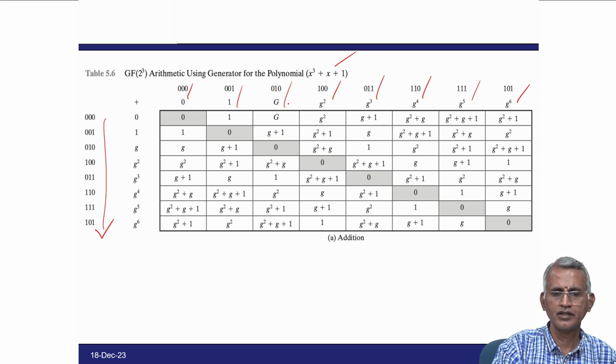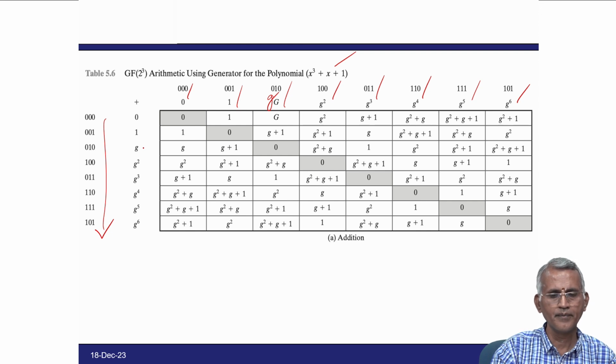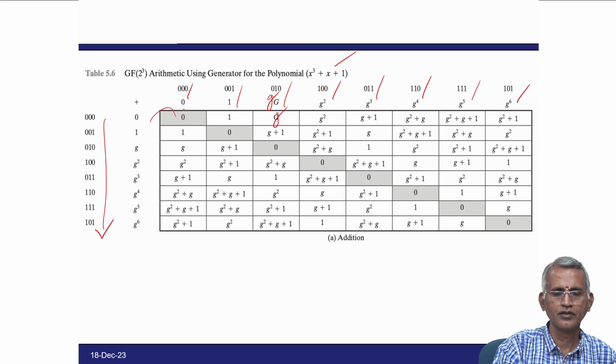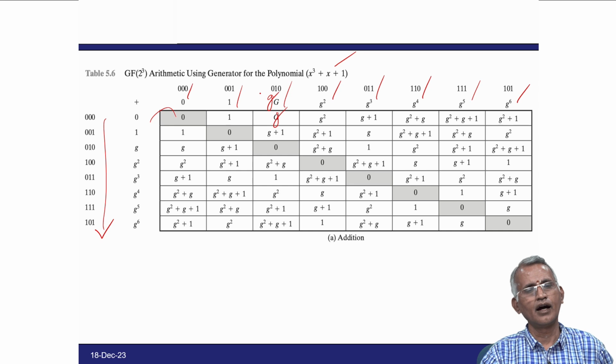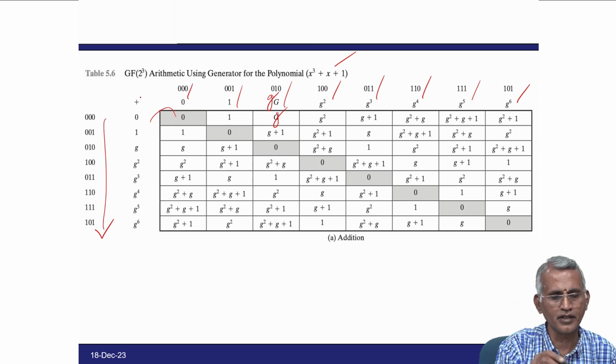Therefore, 0, 1, g, this small g, right. Then g square, g cube, g power 4, g power 5, g power 6. Simply we have to multiply them. Therefore, 0 into 0, 0 into 1, and so on, and we use the addition operation.